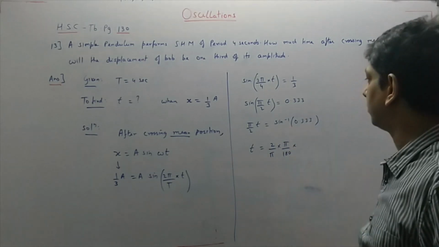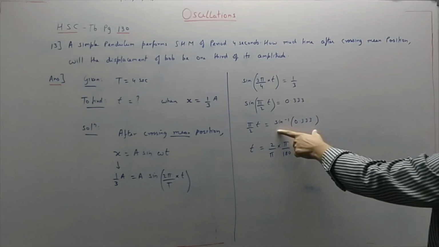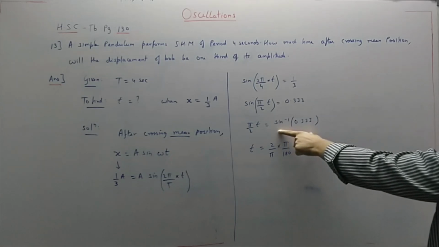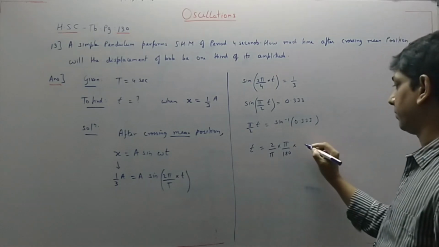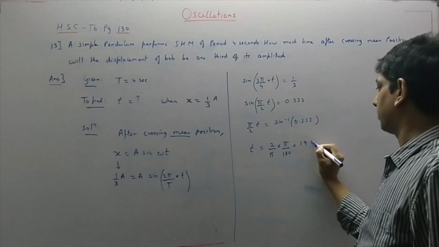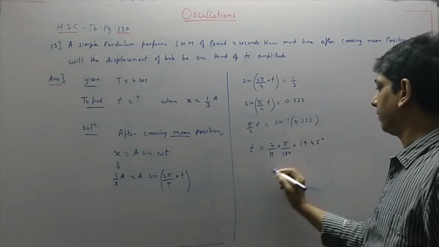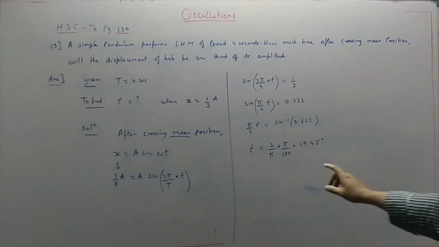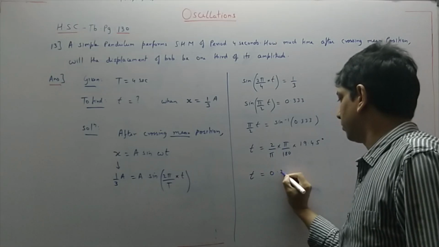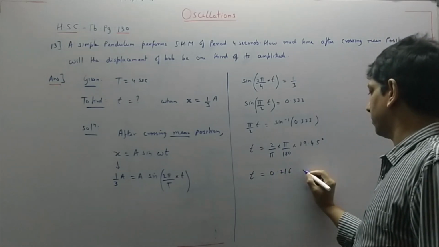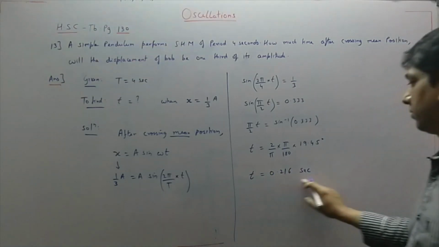And what is sine inverse 0.33? If we convert this into degree, if you see in the logbook, we get approximately 19.45 degree. Pi will get cut. If you solve this, you can check, you get 0.2163 or 0.61 seconds.